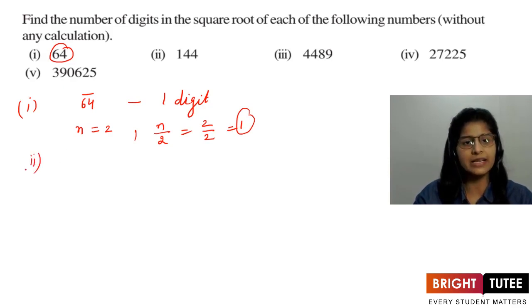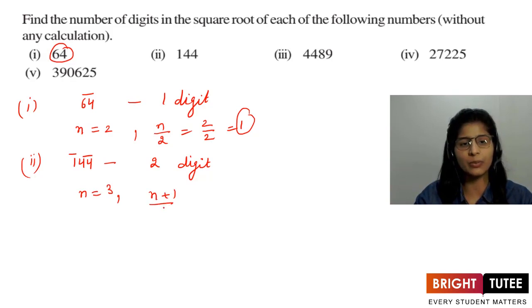The second part is 144. If we try to place the bar just to see, we get 2 bars. That means 2 digits in the square root of 144. If we go with the formula, we have an odd number of digits and here n is 3. So whenever we have an odd number of digits, we use (n plus 1) upon 2, this formula, to find out the number of digits in the square root.